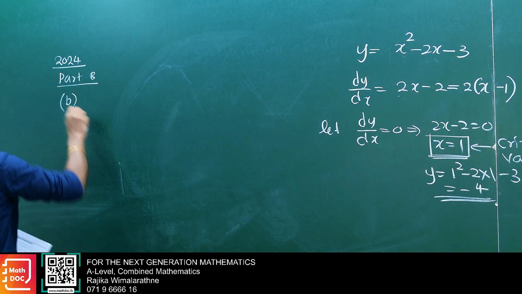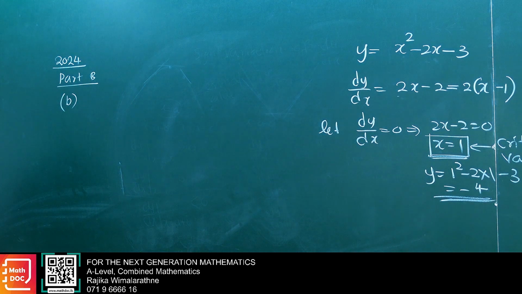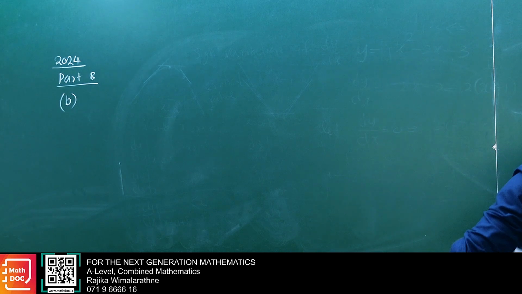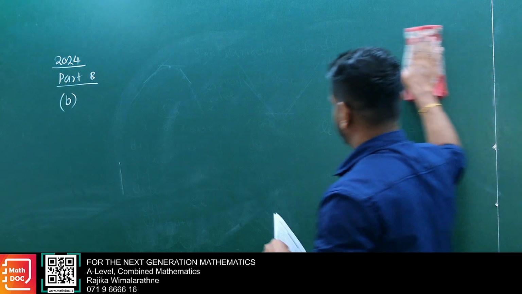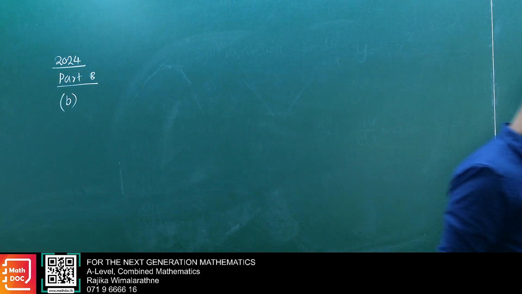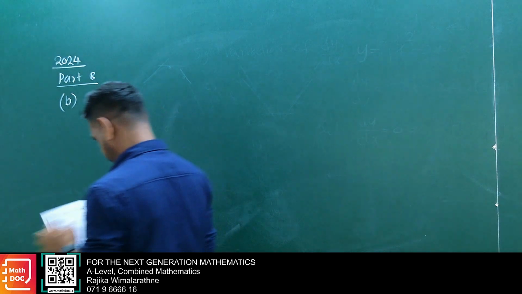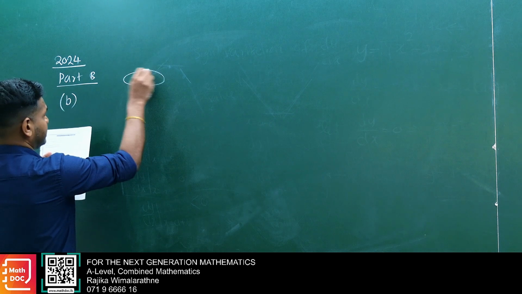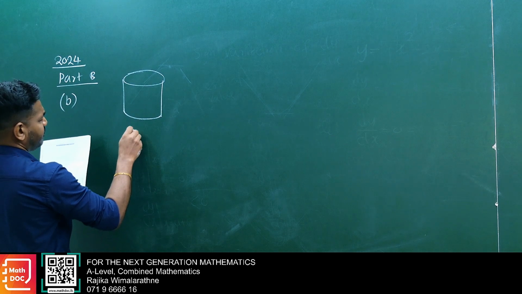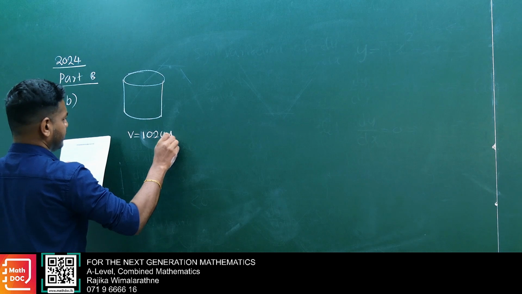Part B. First you sketch. A cylinder, with top and bottom, is made to have a volume of 1024 pi cubic centimeters.